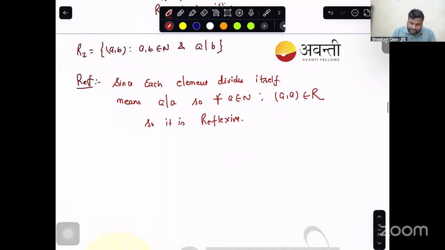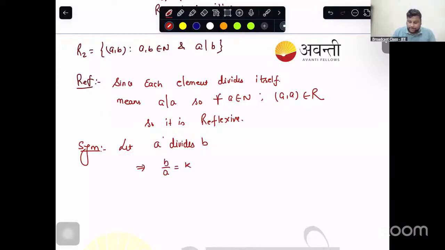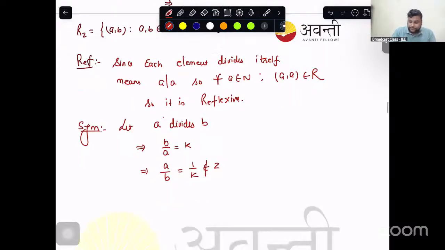Now come to symmetric. Let A divide B. This implies B by A is going to be some integer K. This implies A by B is going to be 1 by K, which does not belong to natural numbers or integers.